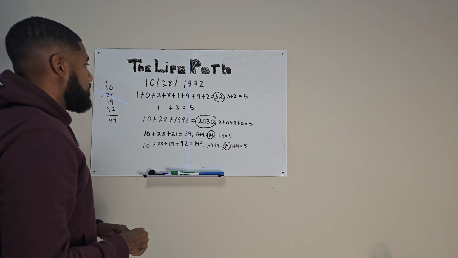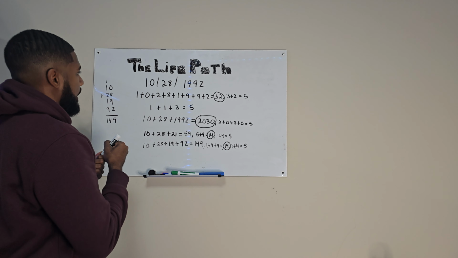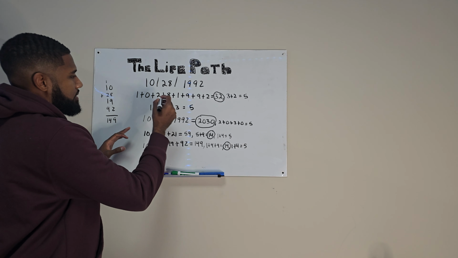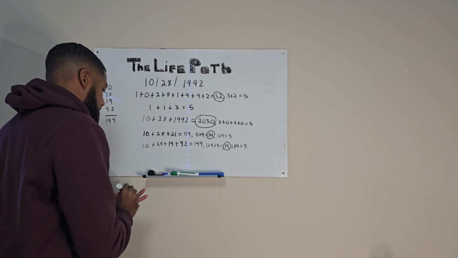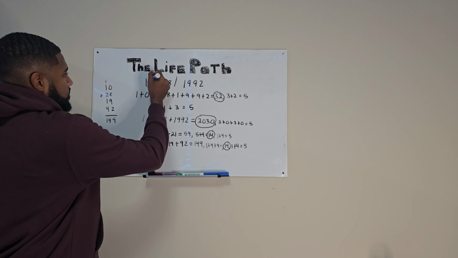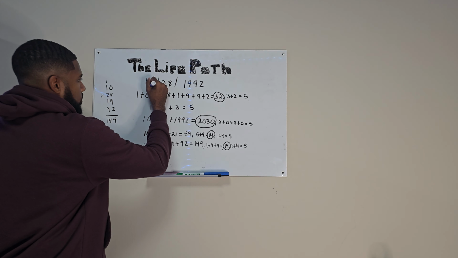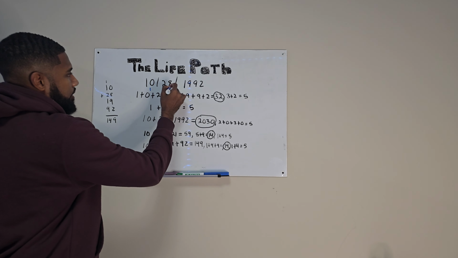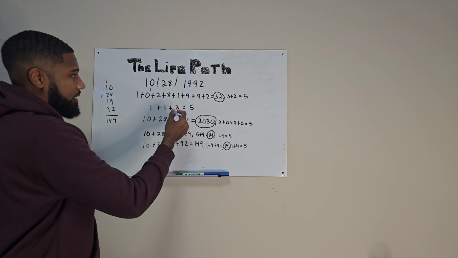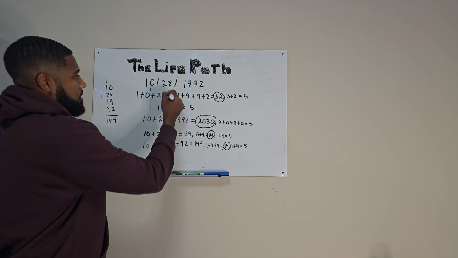October 28, 1992. One thing I'm also going to do, to save a little time, is reduce these to the single digit numbers. I'm going to use a different marker for that, because that's going to play a part. So the single digit of the number 10 is the number 1. The single digit of the number 28 is also the number 1, because 2 plus 8 is 10 and 1 plus 0 is 1.